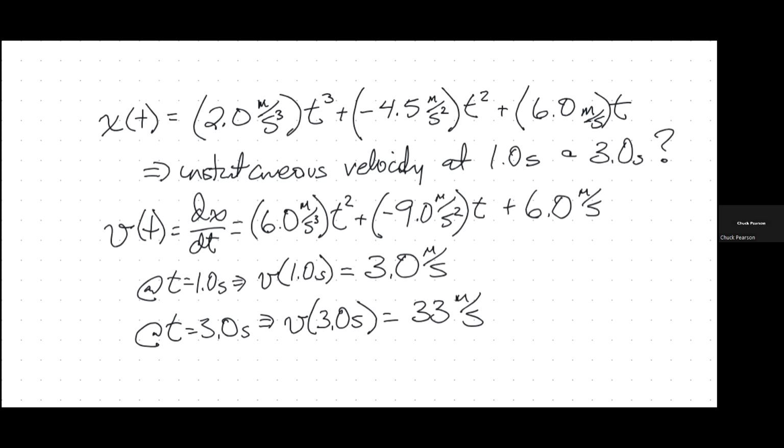The average of these, 3 and 33 over 2, 36 over 2 is 18. Which is not equal to V bar.